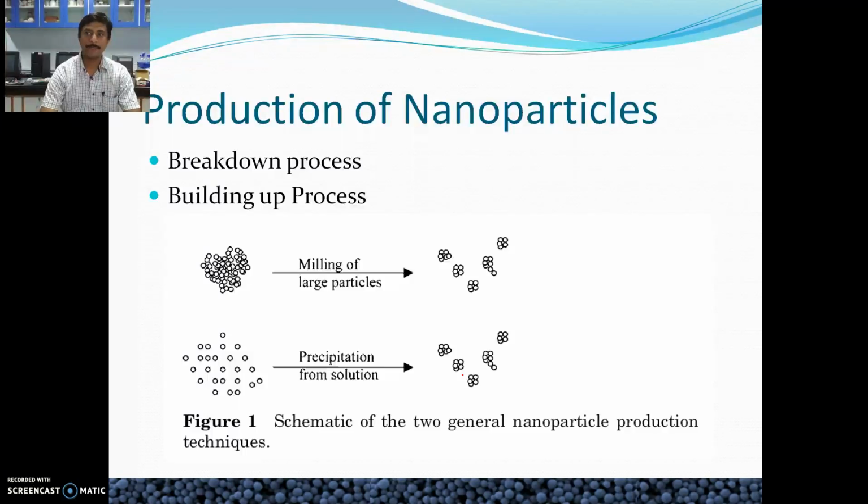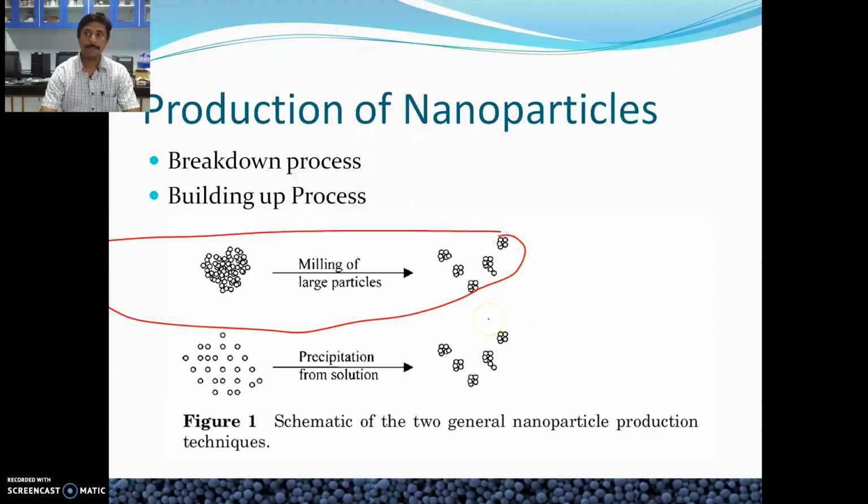The size has to be achieved either from the solution phase, which is a single molecule, or from a millimeter size particle having many molecules. In the first approach, the particle is broken down to nano size, whereas in the second approach, the particle is built up from molecules. The two general approaches for the production of drug nanoparticles are well depicted in the figure. The detailed study of the process we will cover in other lectures.